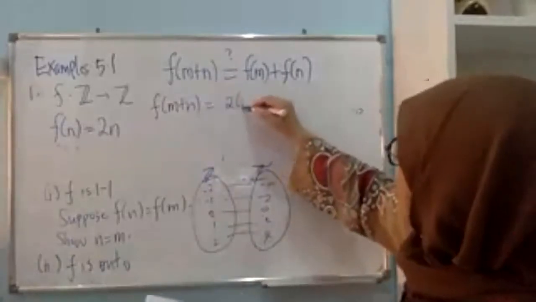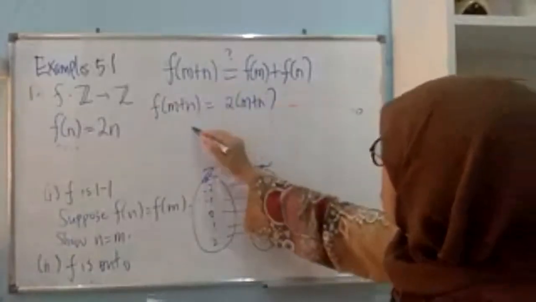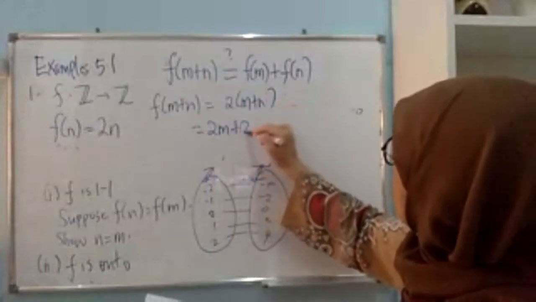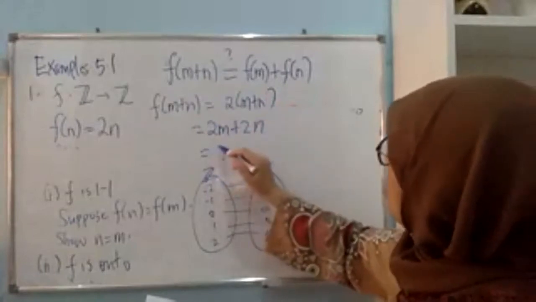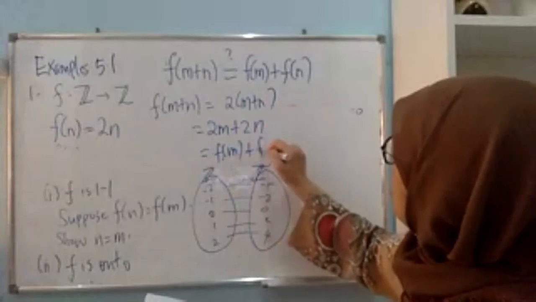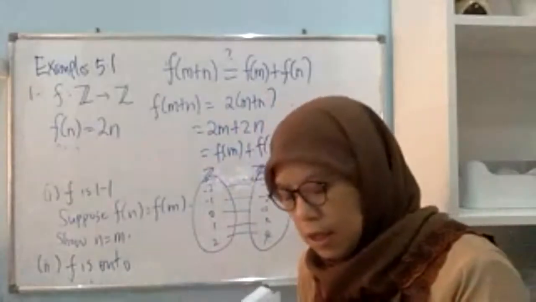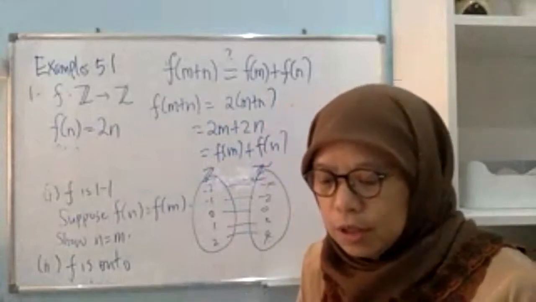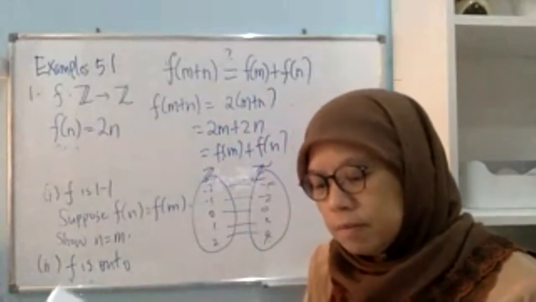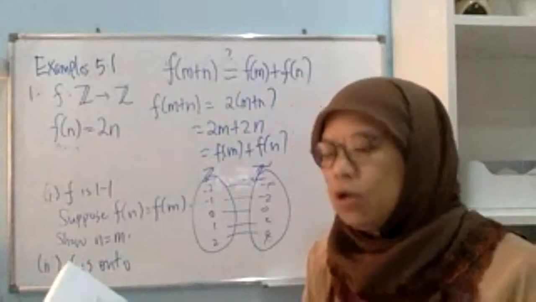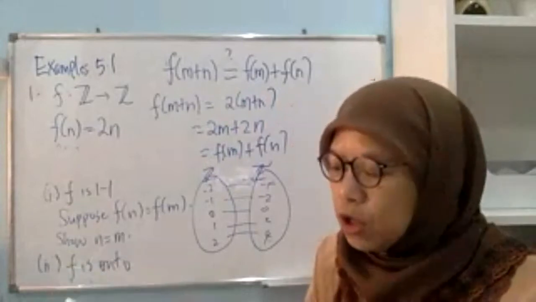It's straightforward. This equals 2m plus 2n, which equals f(m) plus f(n). Okay, this particular example just shows you that it's a homomorphism, because that is the definition of a homomorphism.